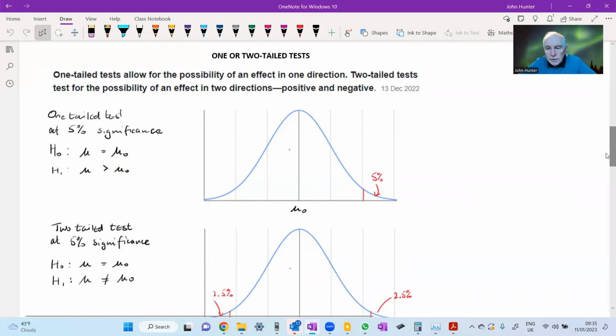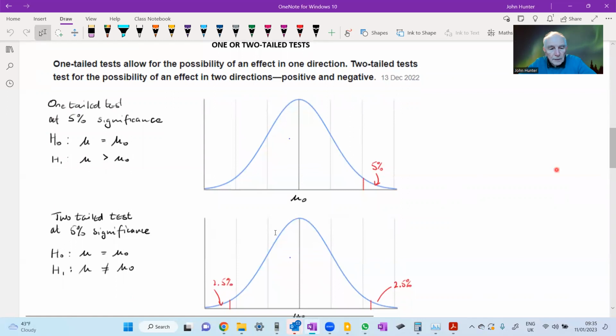In other circumstances, what we might be doing is just proving that that is not the mean. I mean, this is before we've taken any data, remember. This might be a situation where we've improved things, and we've got some process, and we're trying to show that we've improved productivity of an industrial process or something like that.